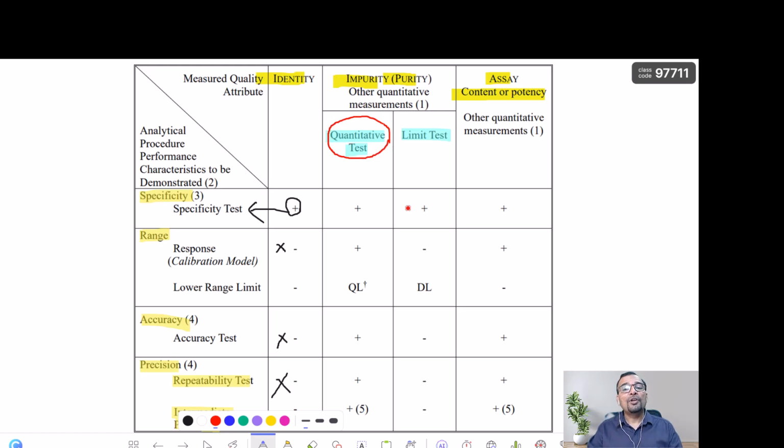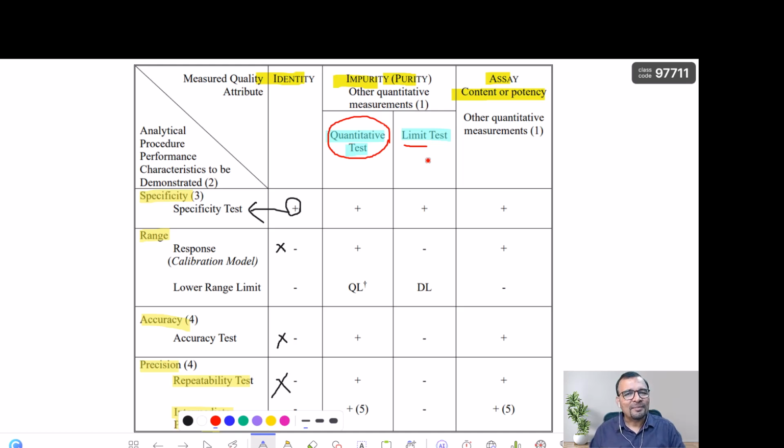But in case you are not quantifying the impurity present in a paracetamol tablet, and you only confirm whether the impurity is below a certain limit or not, let us say the limit of 0.1%. By the testing procedure, you cannot quantify, but you can only confirm whether it is below your defined specification, that is 0.1%.